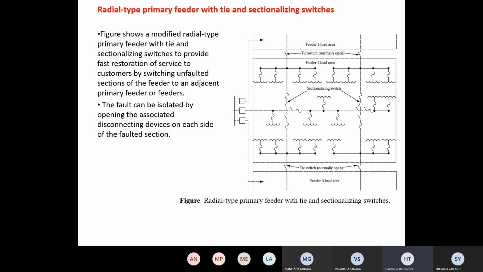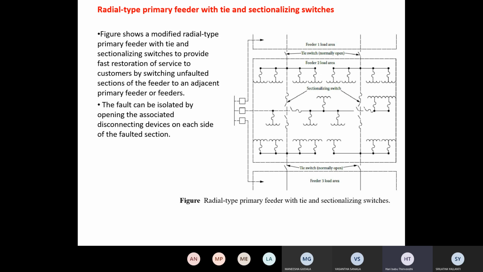Now suppose a fault occurs in the down section. Then we close the tie switch.